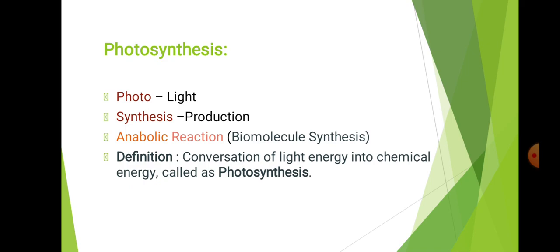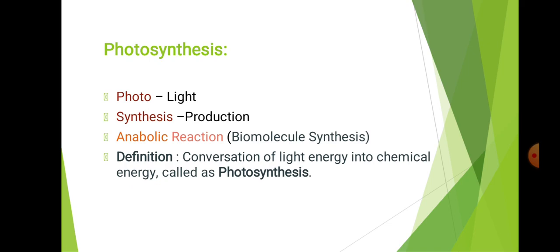If we split the word photosynthesis into two different words, photo and synthesis, then we easily understand the meaning of photosynthesis. Photo means light, synthesis means production, hence synthesis of food with the help of light in plant is nothing but photosynthesis.